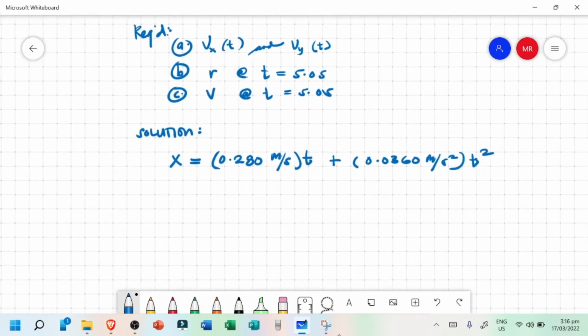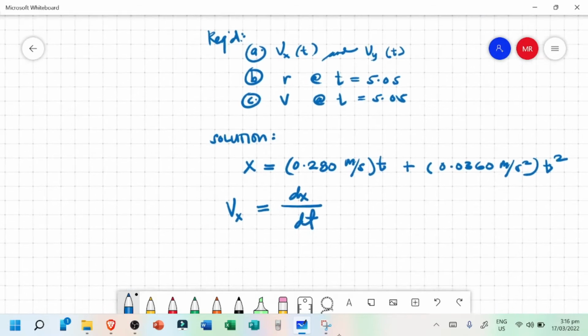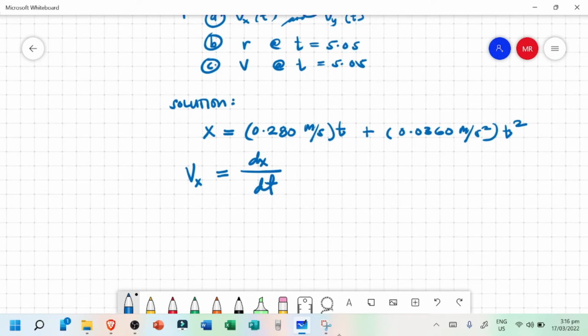So by just applying derivative, because we know velocity sub x is equal to dx over dt. Applying derivative to our position function, we will arrive at, of course, understood that for the first term, this will have 1. So 1 times 0.280 is 0.280. Let's first disregard the unit para mas madali nating huwag tayong malito.